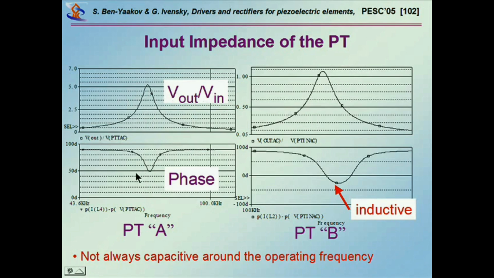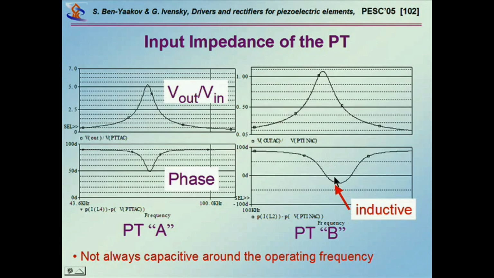What we see is that in the case of this particular piezoelectric transformer, we get some change in the phase, but it's not very large. Here, on the other hand, we have a large change in the phase, and notice that it is so large that, in this region, it's already inductive.